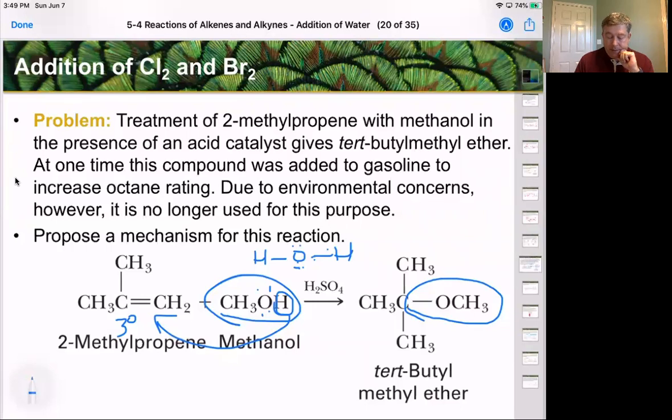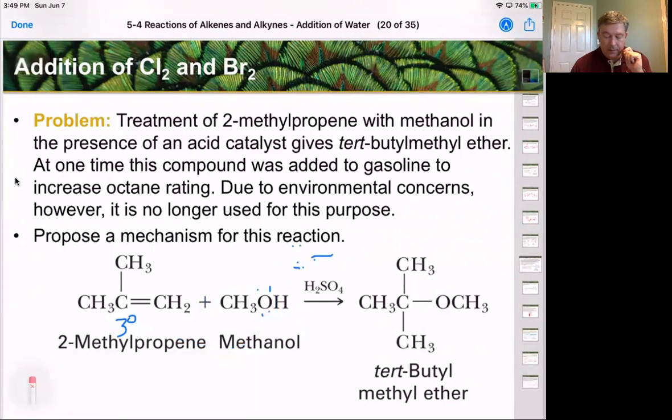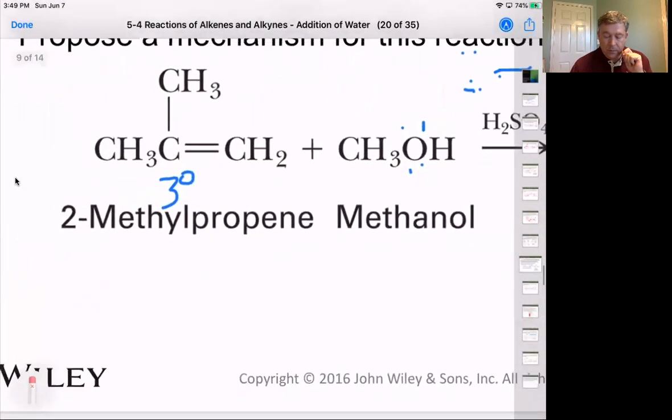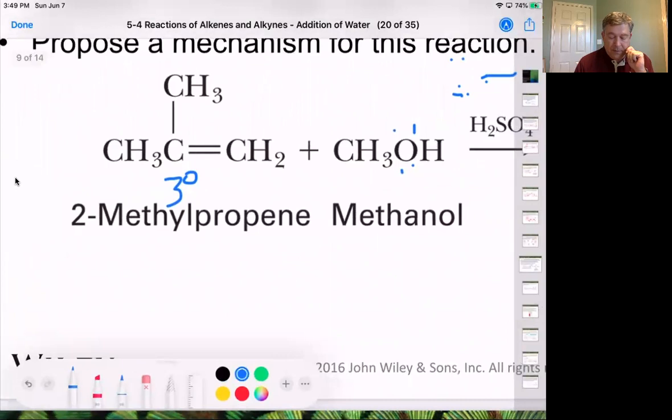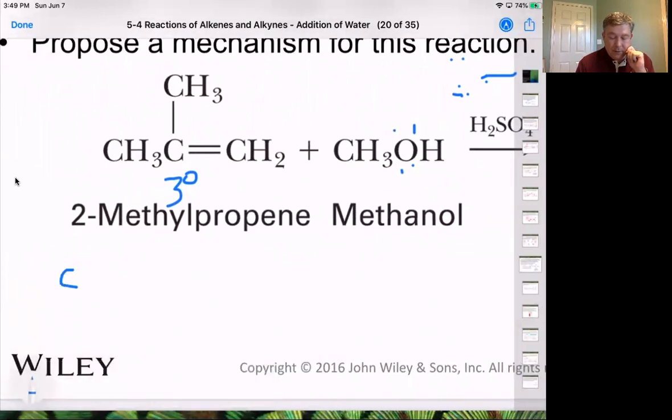We would have to draw it such that we have a little more room here. I think the first step of that mechanism is going to be generating an O, H, and we had a lone pair here, and if we added a hydrogen to it, that would create this acidic species.